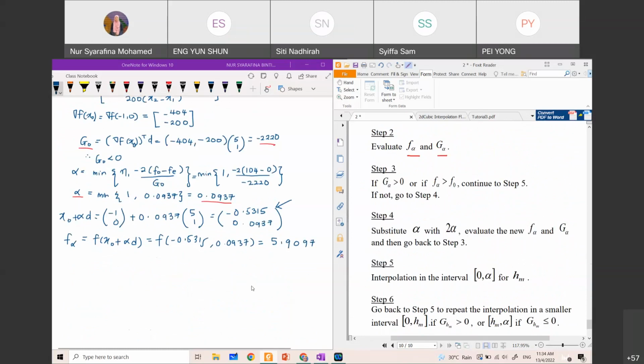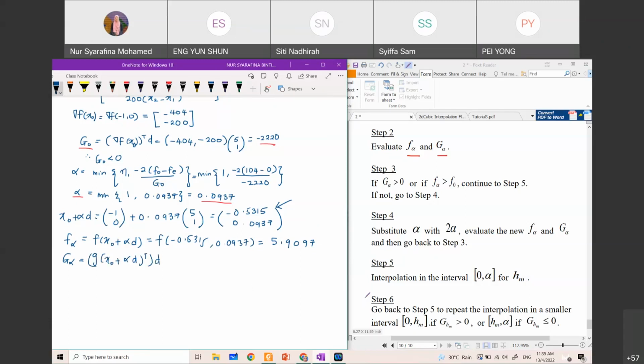So if your f alpha is given by this, then g alpha is given by g of x0 plus alpha d transpose times d.